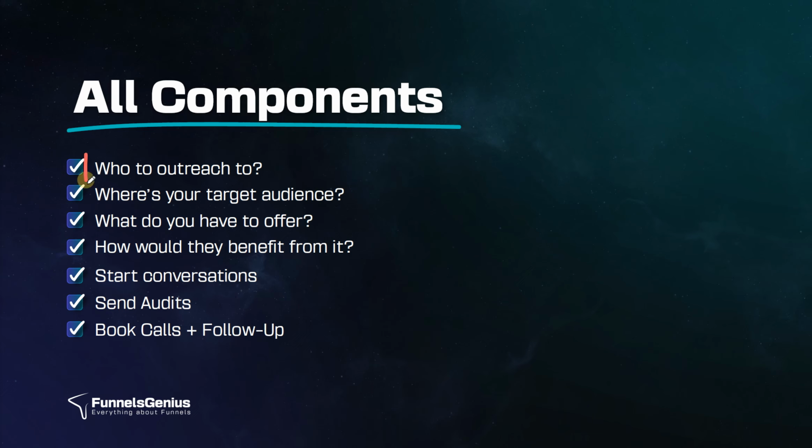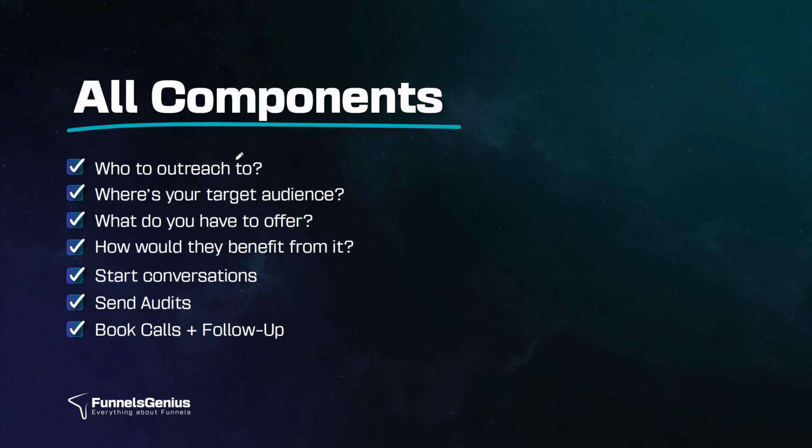So basically, who to outreach to. Everything starts here. Why? Because in order for you to actually get booked calls and closing deals, you need to know exactly who's your target audience. And I know this sounds very basic and everyone would know. But as a matter of fact, a lot of people don't know where to start because they don't know who their target audience is.